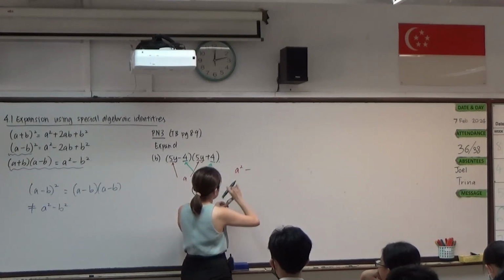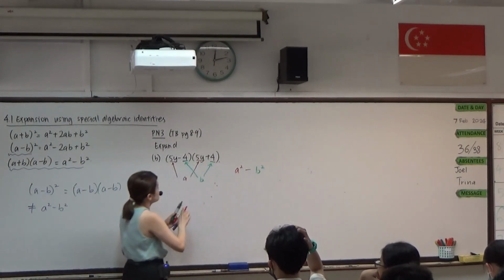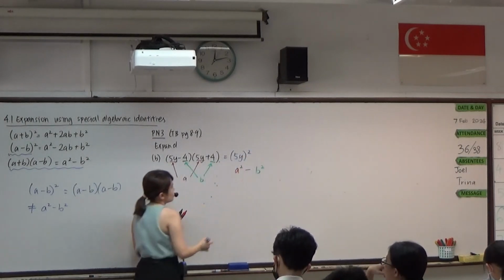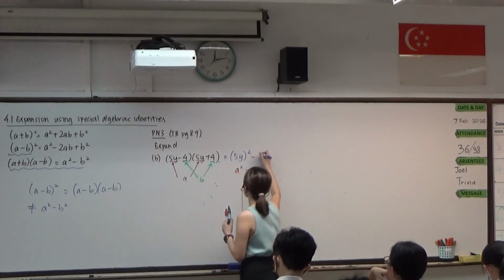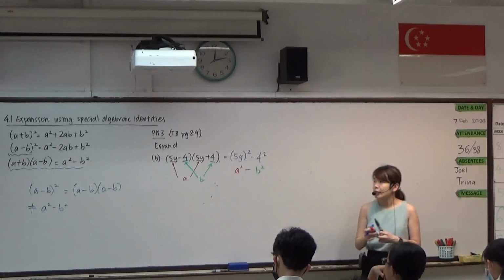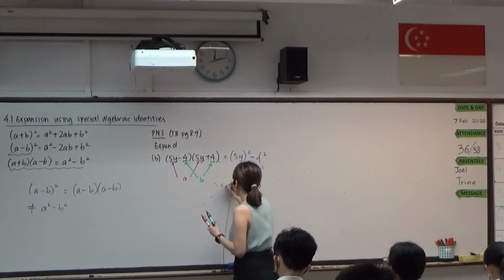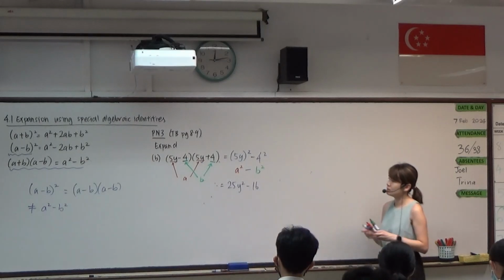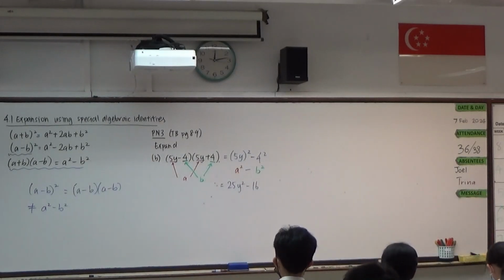Therefore, I'm looking at (5y) squared minus 4 squared, and that simplifies to 25y squared minus 16.